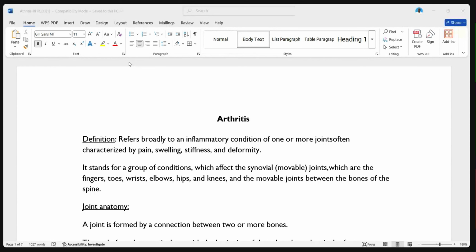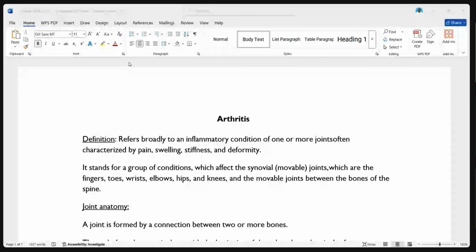So there are several things that cause arthritis today. And of course, I will really engage you a lot in today's class so that I can also hear from you. At least I want you to mention at least 10 factors and causes of arthritis.